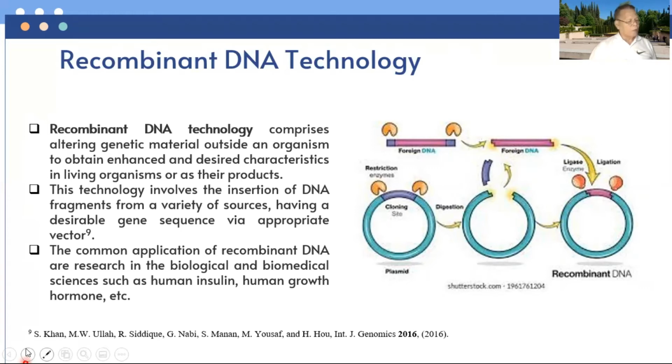This technology involves the insertion of DNA fragment from a variety of sources having a desired gene sequence via appropriate vector. The most common application of recombinant DNA is in basic research, in which the technology is important to most current work in the biological and biomedical science.